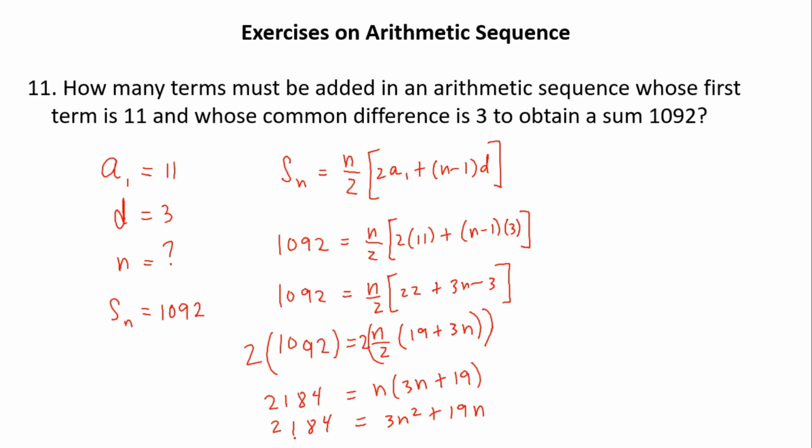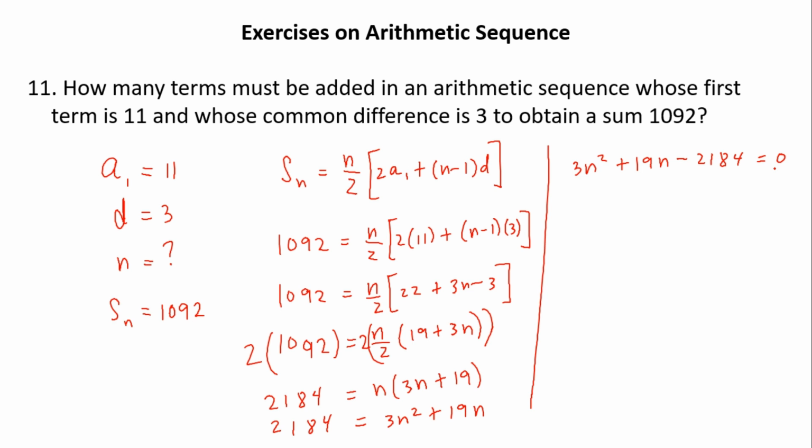So I'll put the constant in the right side. So I'll have 3n squared plus 19n minus 2184.